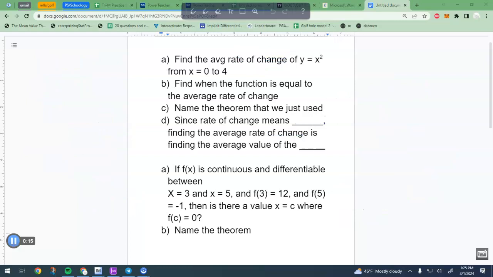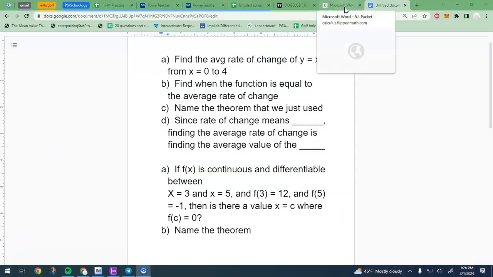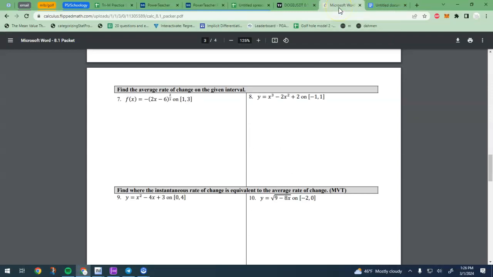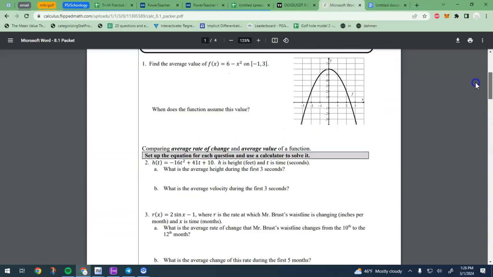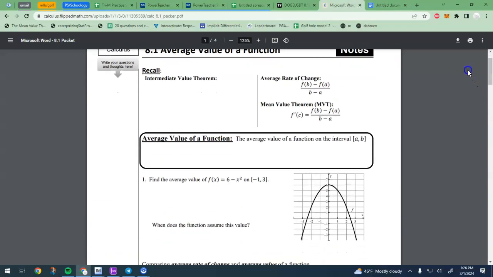So let's look at 8.1. Where it says recall intermediate value theorem, I'm not really worried about that for this lesson, so I'm not going to write anything there.